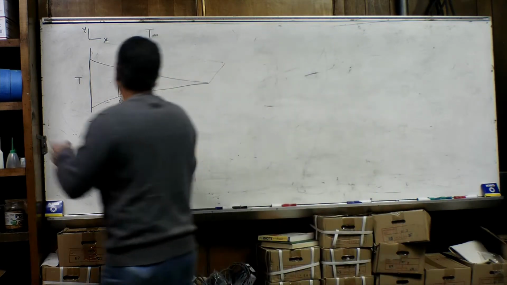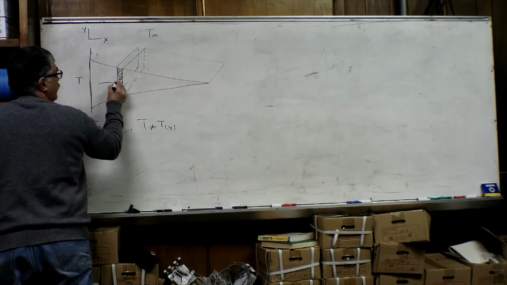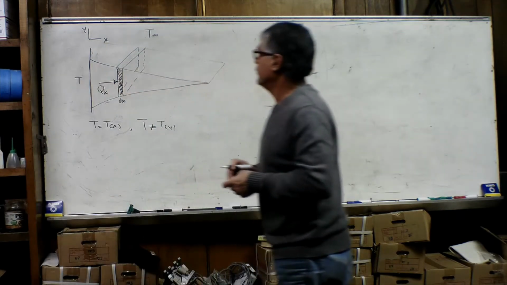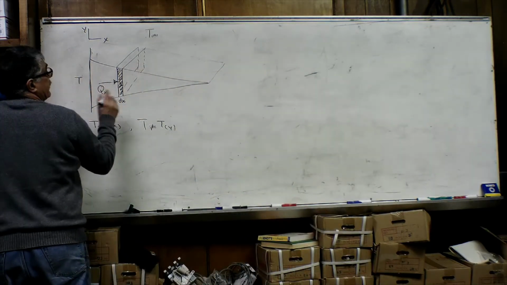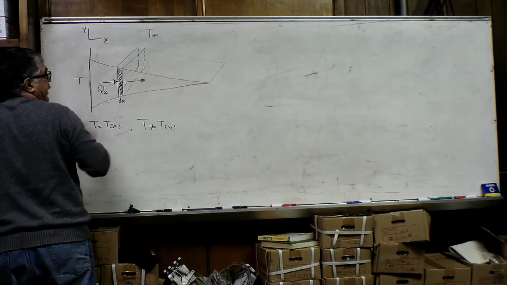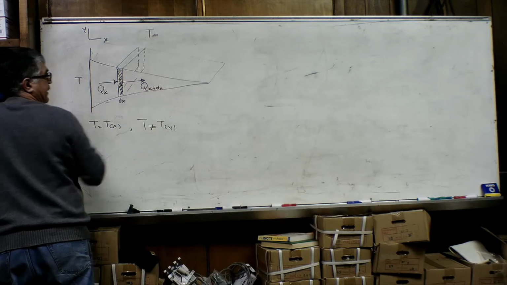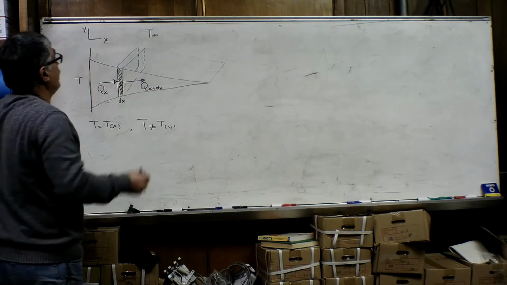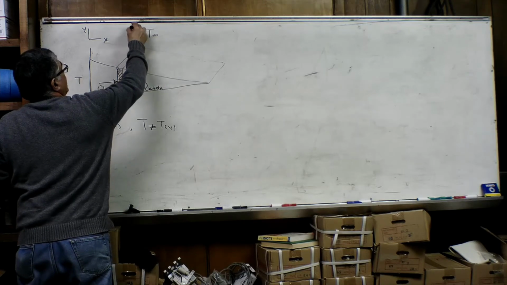The heat that is entering this control volume is called Qx, and the heat that exits, a portion of that will go along the axial length, which is Qx plus dx, and a portion of that will go into our surrounding air by convection heat transfer. Let's call that Qc.